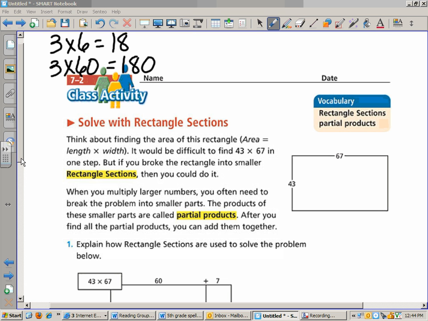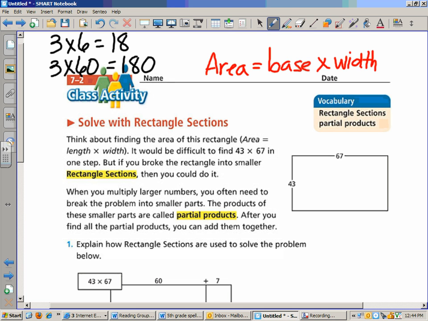So what we talk about when we have area is in a rectangle. We said the area of a rectangle equals the base times the width, okay, or length times width, or, I think we even said base times height, which also means the same as saying the area equals length times width.